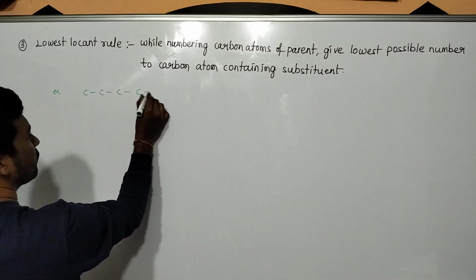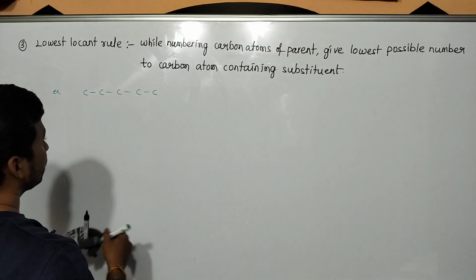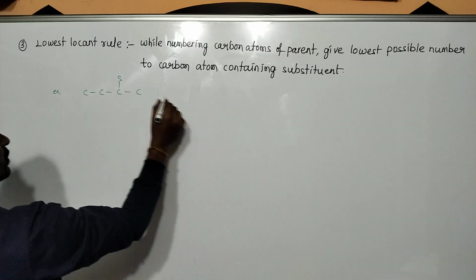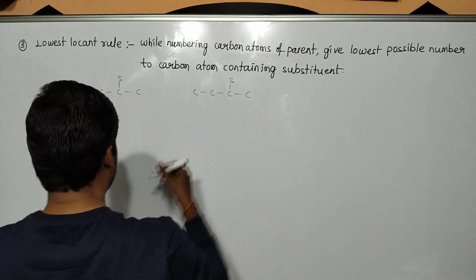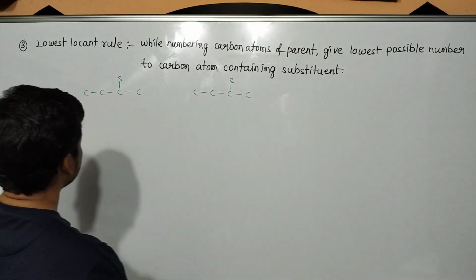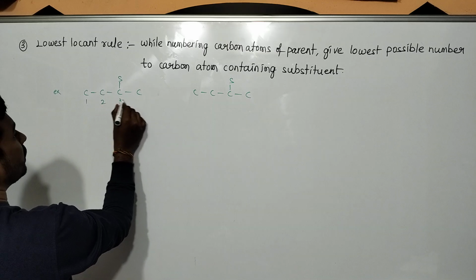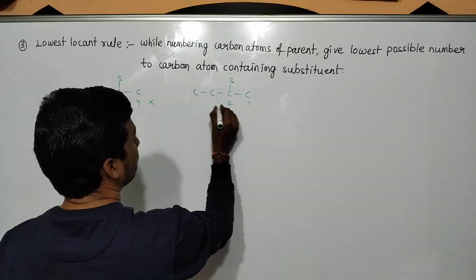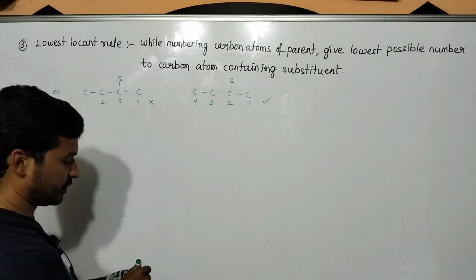This is the parent chain. Of course, it contains the carbon atom. If the substituent is here at this position, I give two methods, one right and one wrong, so that you understand easily. If you give numbers 1, 2, 3, 4 like this, this becomes wrong. If you give numbers 1, 2, 3, 4 from right to left, this becomes correct.